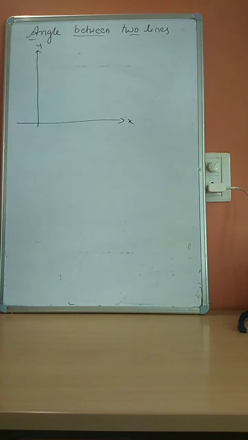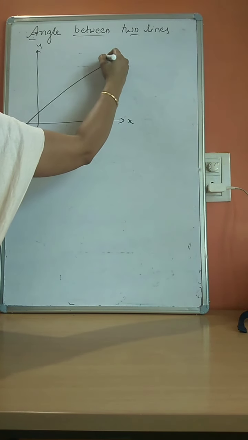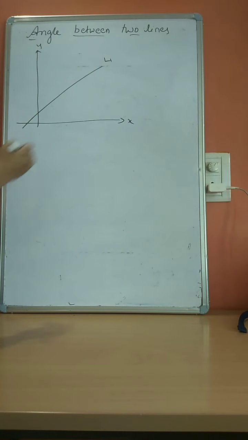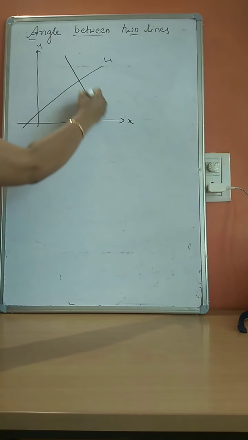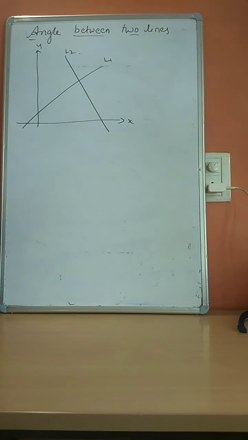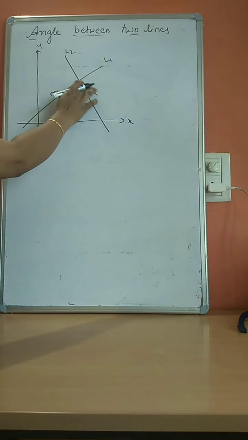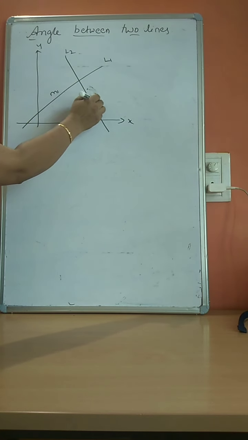x and y axis. Now let L1 be one straight line and take another L2. Let us consider L1 and L2 to be two non-vertical lines with slopes m1 and m2.